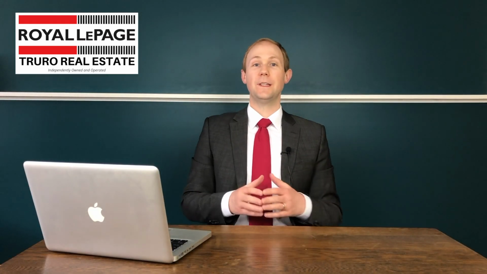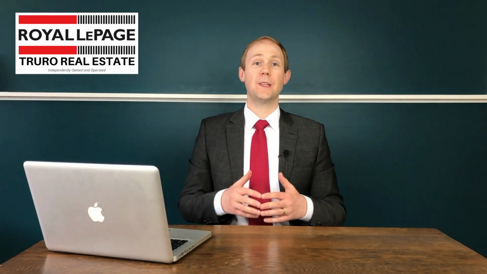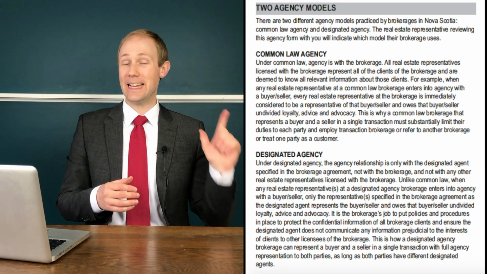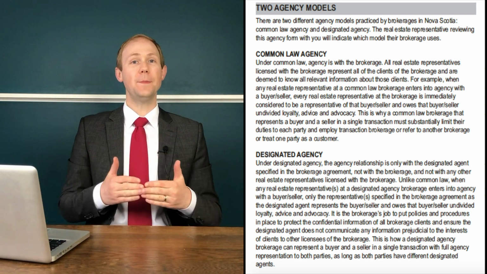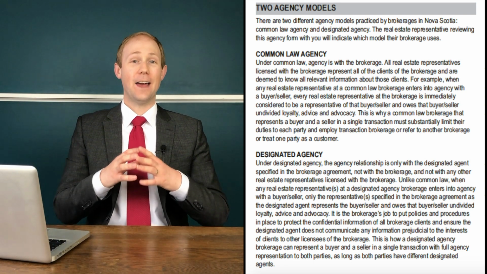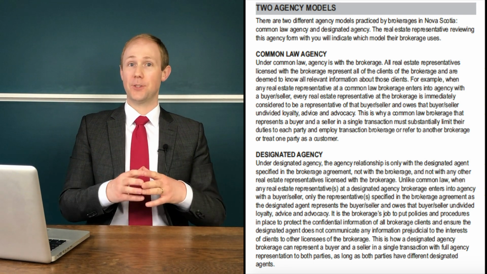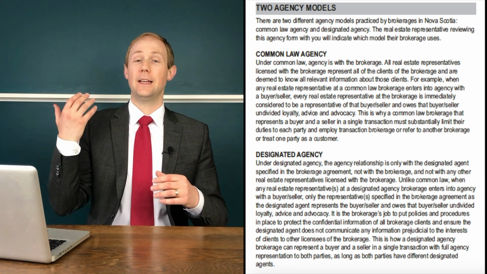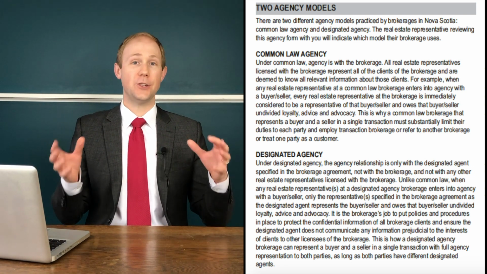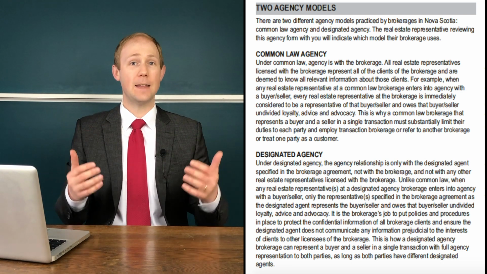Now, the first section in that form is really important to understand. It is the type of agency model that's being practiced. There are two types of agency models: common law and designated agency. In common law, all the agents that work for one brokerage have access to the same information. So if you're working with one agent, you're working essentially with all the agents. Every agent in that same office has access to the same information.